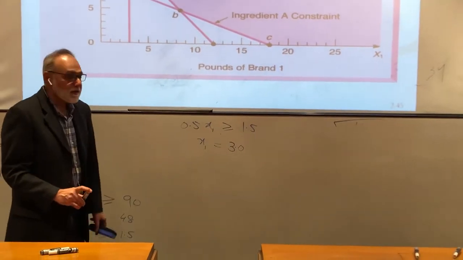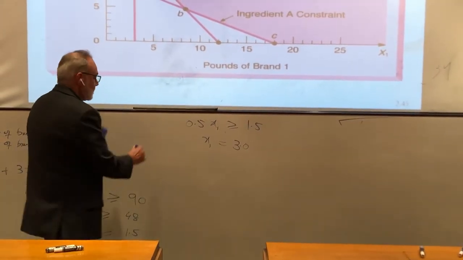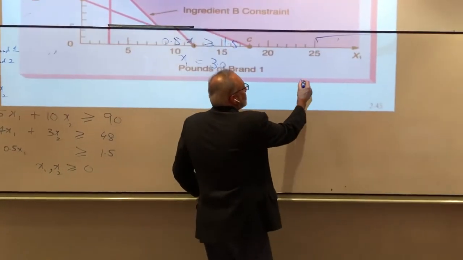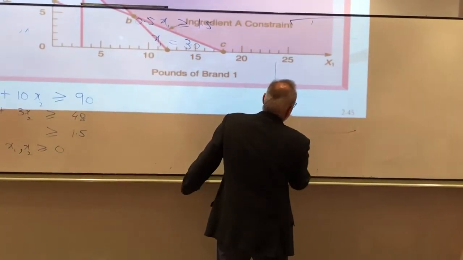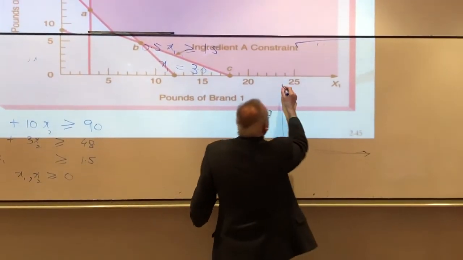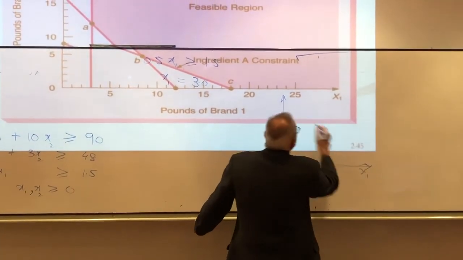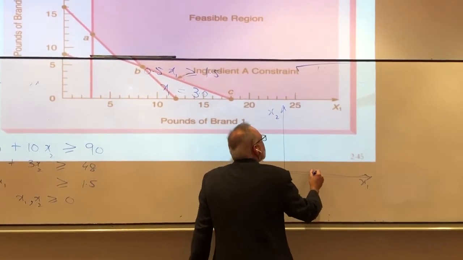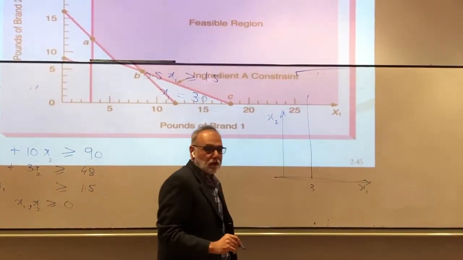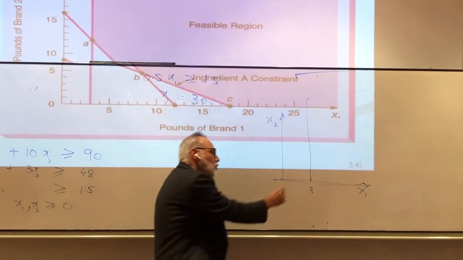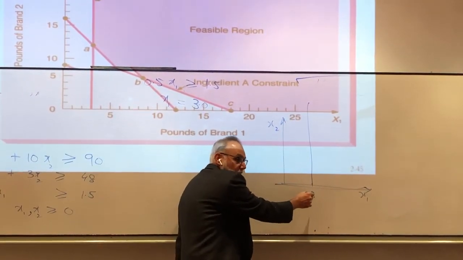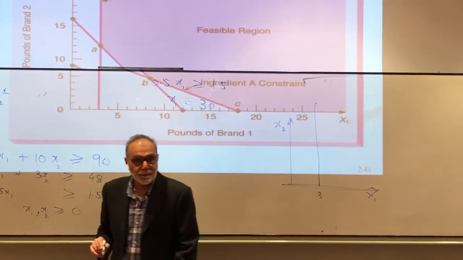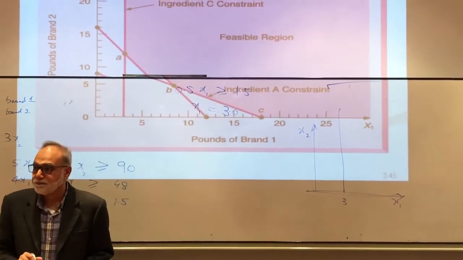Alright, how to draw this? Just a straight line on x1. If this is 3, then this is your constraint. It doesn't go to the negative side, and it is just 3. Clear?